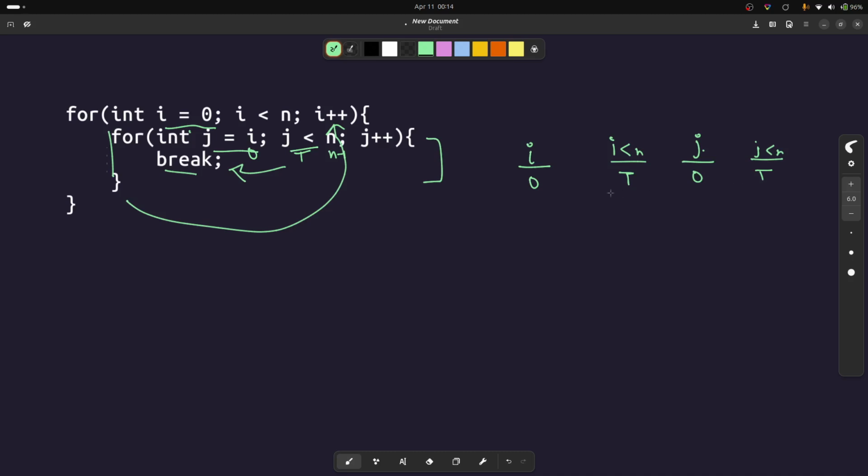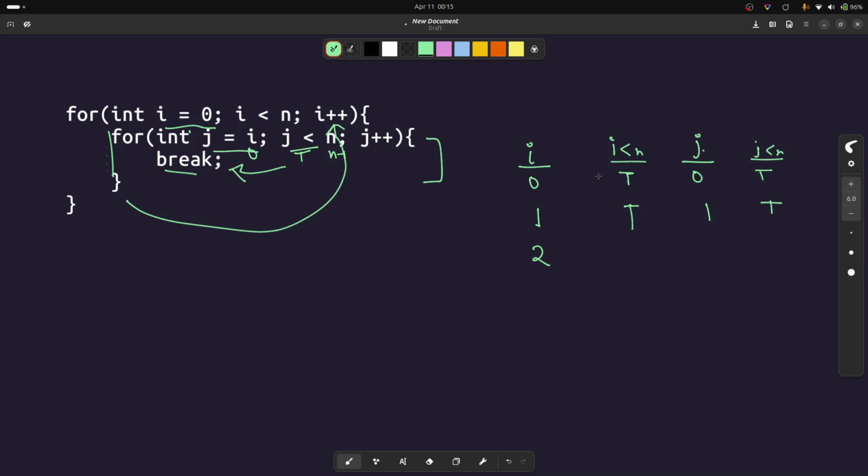Immediately break, so the j loop is broken and the control is out of it. Now i becomes 1, i less than n, true, j becomes 1, is 1 less than n, true, again break, i plus plus, directly i becomes 2. So now you get the understanding that the j loop runs only once and in that it breaks. For each value of i, the j loop is running only once.